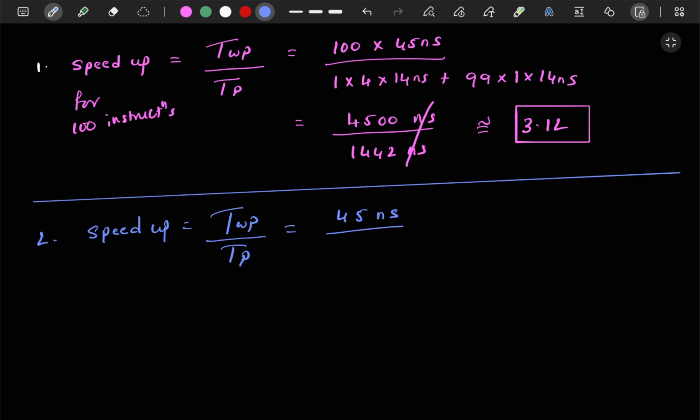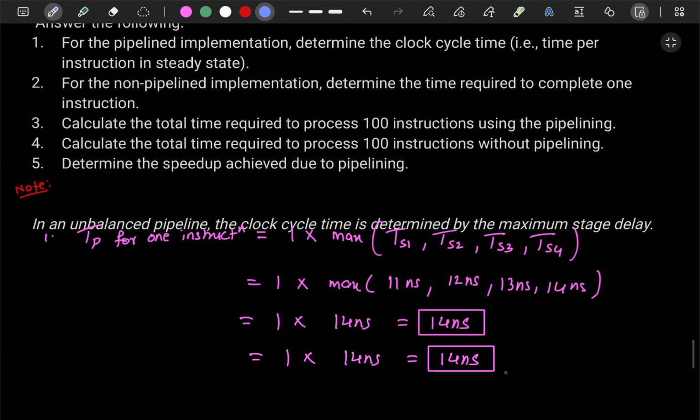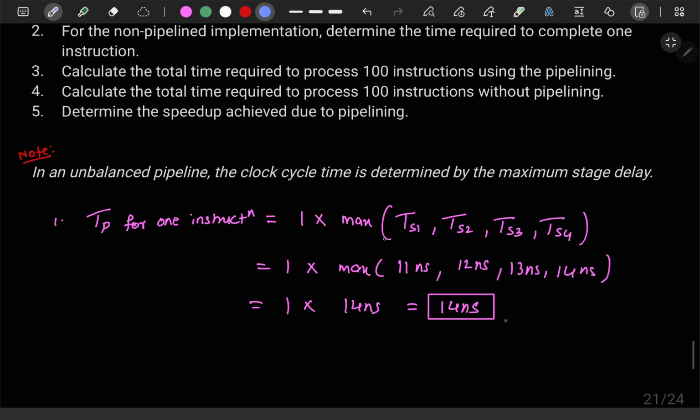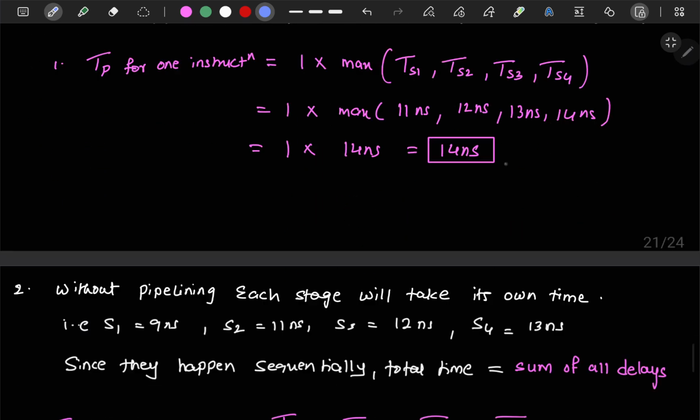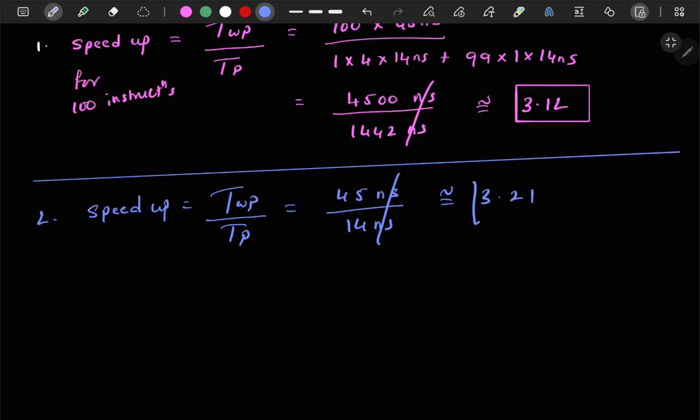With pipelining, for one instruction, we take the maximum of all the stages, that is 14 nanoseconds. Taking the ratio of both, the answer is equivalent to 3.21. This is under ideal condition.